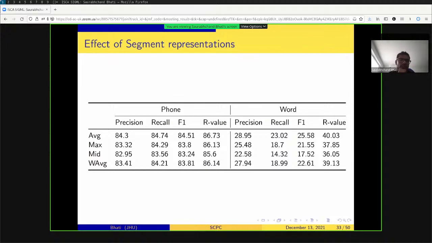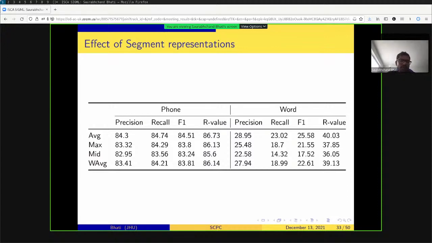Mainly, we use the maximum of all the frames within a segment as the final segment representation. Midpoint refers to the middle of the segment being used as the fixed dimensional representation. And weighted average uses a transformer-like architecture to generate weights, which are then multiplied with the frames within a segment, and then we take the weighted average.